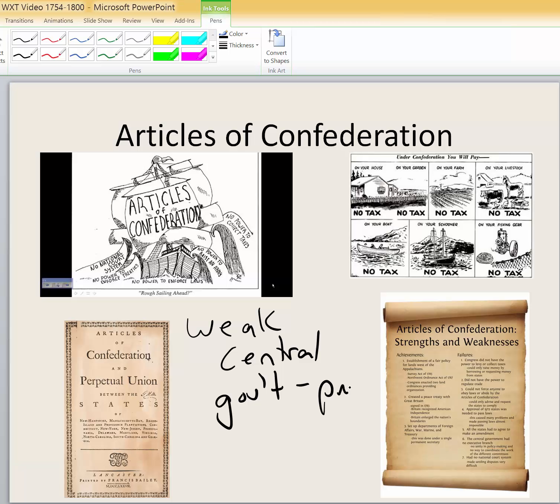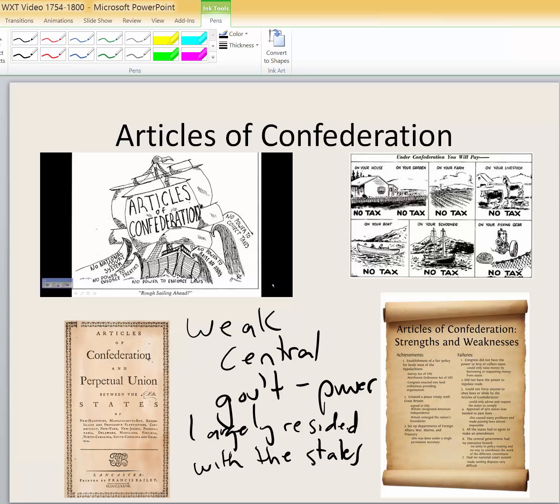Power largely resided with the states. They had just gotten finished breaking away from a central authority that they were not pleased with. The colonists, now Americans, were not about to give more authority to a central body.